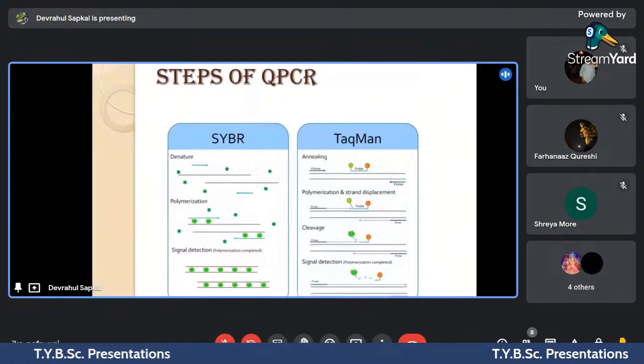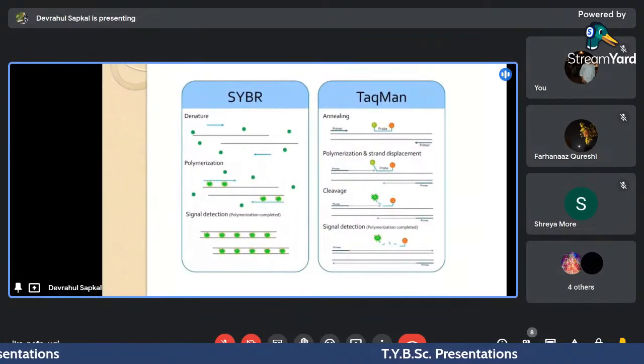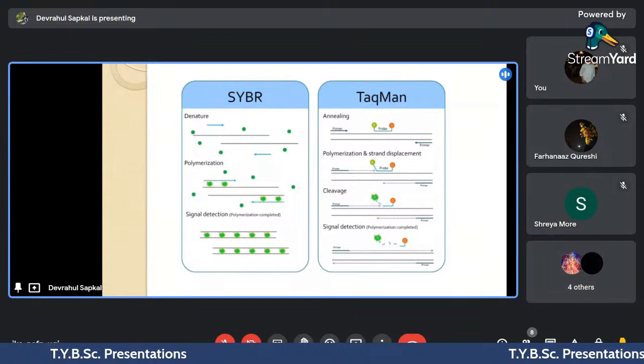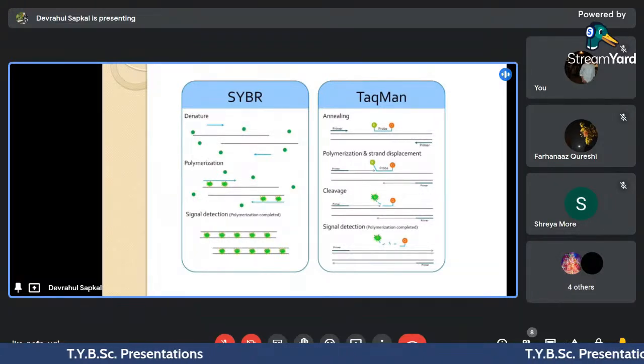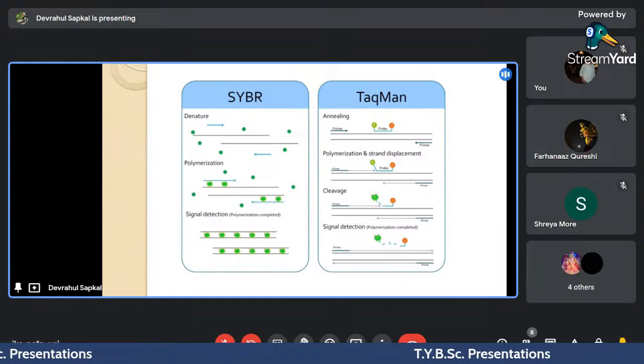As you can see, it also has three stages: denaturation, polymerization, and signal detection. In denaturation, this fluorescent dye gets attached to the double-stranded DNA and hybridizes, and then in polymerization it starts with the primer to go along with the segment.